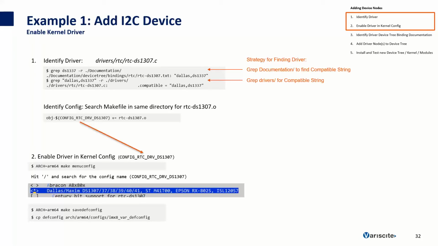And when we do that, we can find the configuration string that has to be enabled, as shown. So in step 2, to enable the driver in the kernel configuration, we can run make menuconfig, and then we can select the driver. And after doing that, we can run make savedefconfig and copy our updated defconfig file to imx8mn_var_defconfig for revision control in the future.